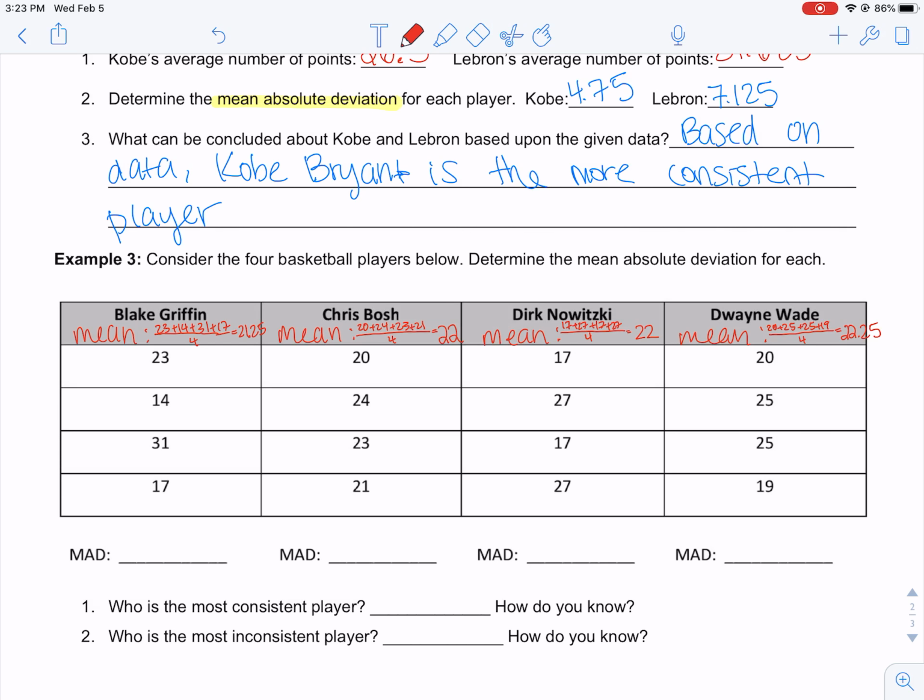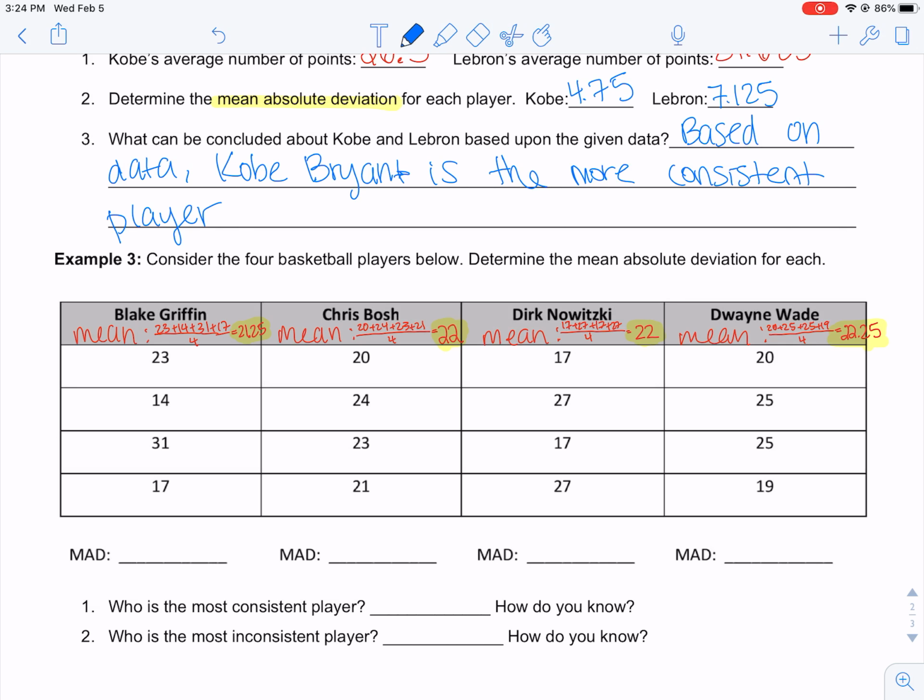Now I'm going to subtract the mean from each score so that I can figure out the distance, and I'm going to put it right next to each score so that we can just do it easily at the end.